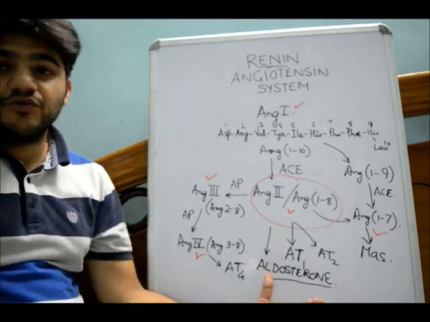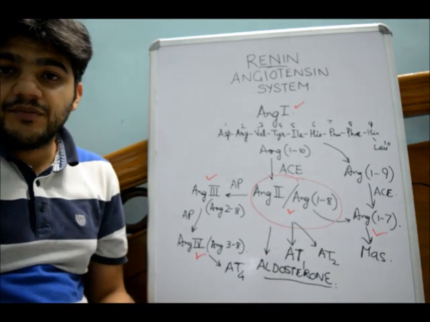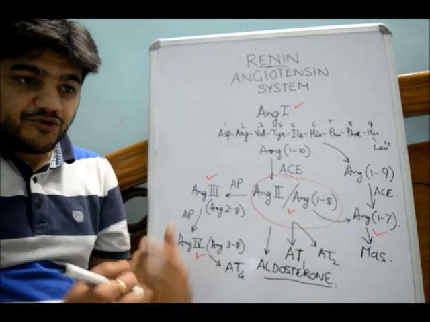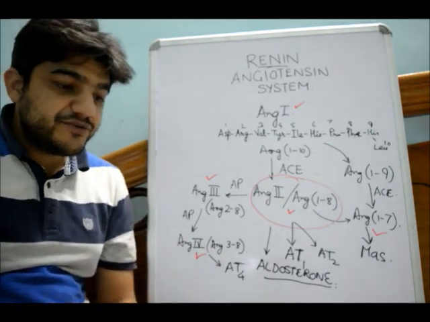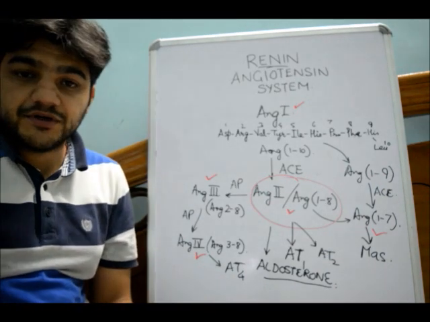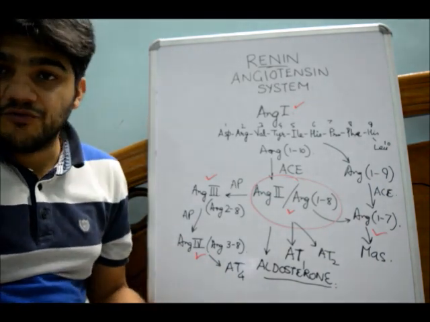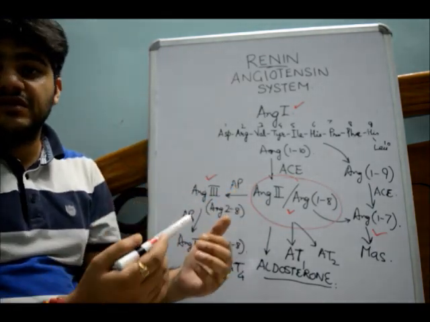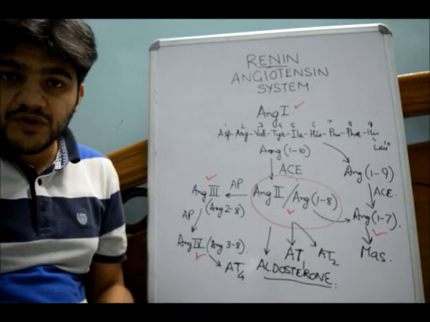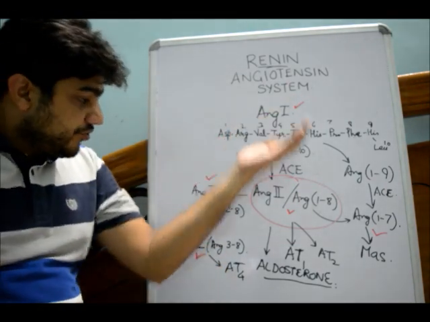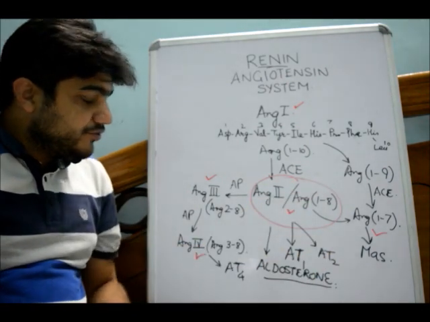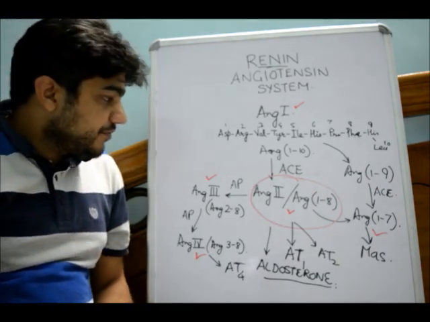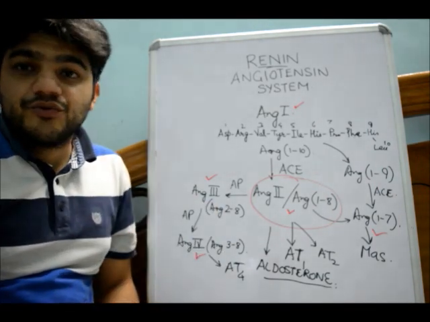Now the role of aldosterone is to reabsorb sodium and to release potassium into the urine. Whenever there is reabsorption of sodium, there is also reabsorption of water, so that leads to an increase in the blood volume. All these mechanisms tend to increase the blood volume and ultimately the blood pressure. Then angiotensin 2 has one more effect: it increases the sympathetic outflow, so it increases the sympathetic tone inside the body.